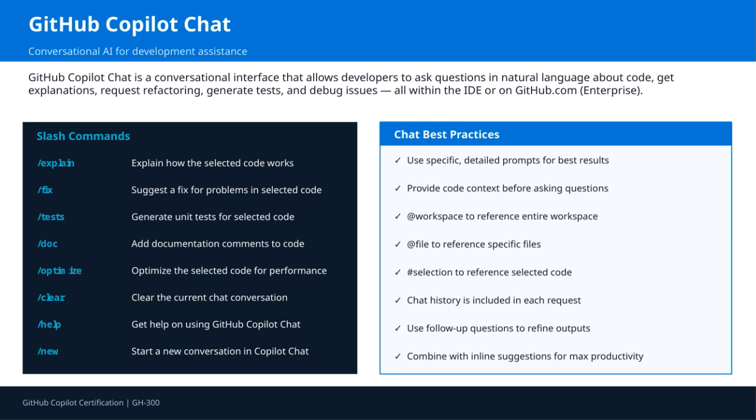You can reference your entire workspace with @workspace, focus on specific files using @file, or highlight selected code with #selection. The chat keeps track of your conversation history, enabling follow-up questions for refining the output further. Combining this chat feature with inline suggestions boosts your productivity, making your coding process smoother and more efficient.